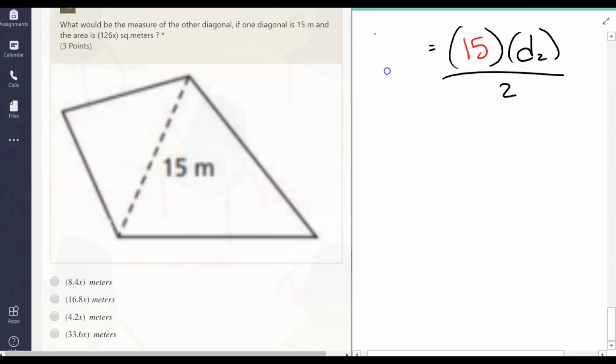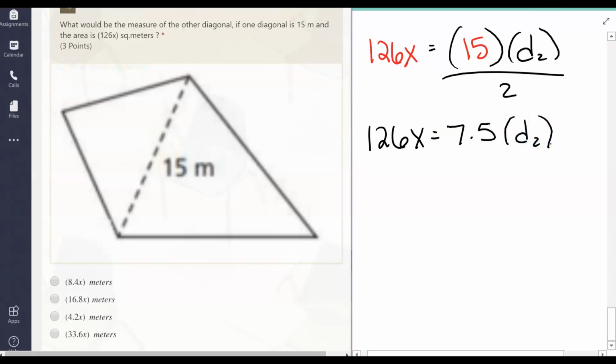They also tell me my area is 126x. So put that whole thing in as it is, and then I solve. So 126x equals 7.5 times diagonal 2. I divide by 7.5 and I get 16.8x.